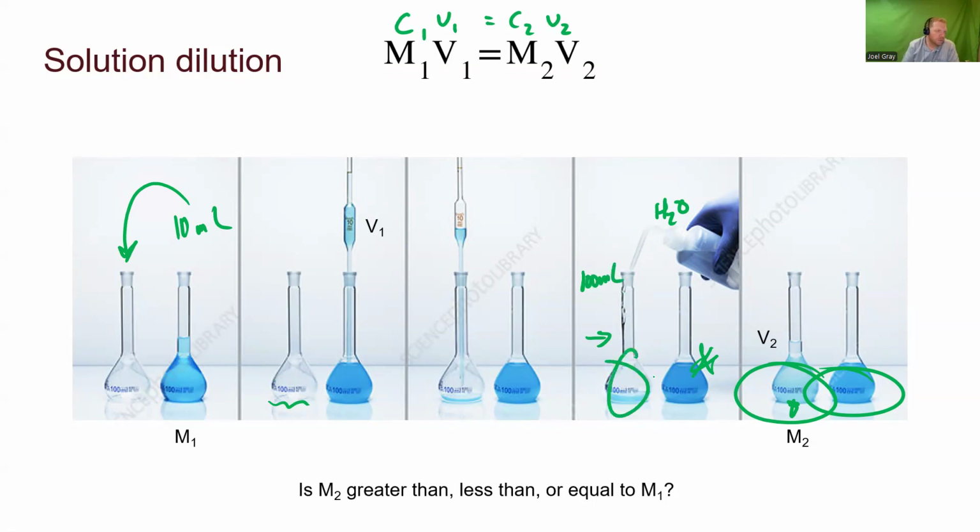Is this solution going to taste the same as this solution? Which one's going to taste better, one or two, if you like the flavor of sweet Kool-Aid? Two is going to taste better. One is going to taste watered down. It's diluted. Does everyone understand that conceptually?